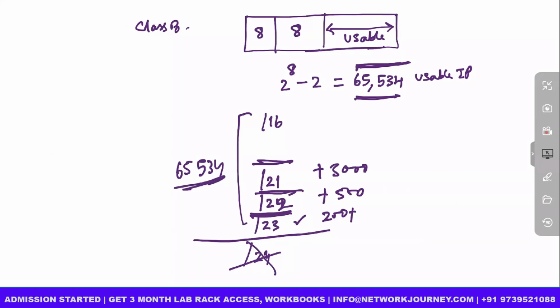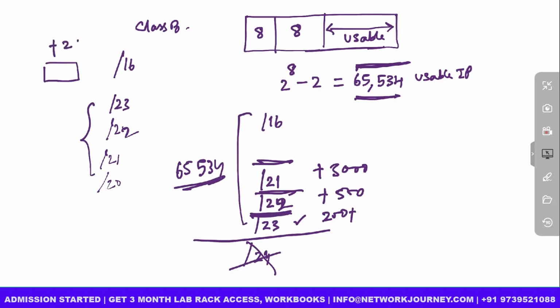So you're just trying to expand the range so the usability increases. Okay, that is fine. We will use class B, but not exactly 16. We can use 23, 22, 21, or 20. Those are sufficient because you will get a lot of IPs and you already have class C, so it should be sufficient for you.